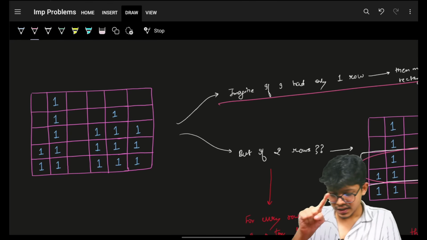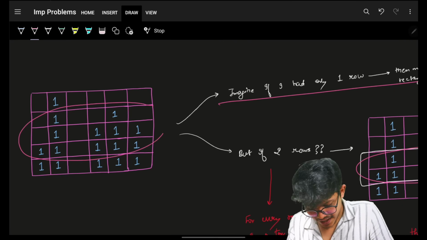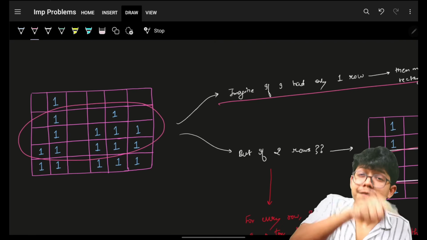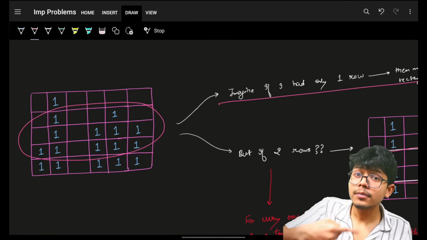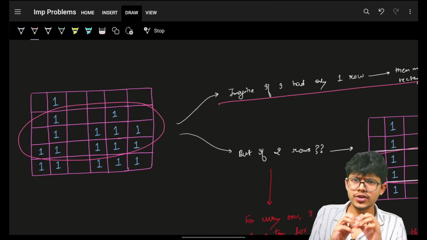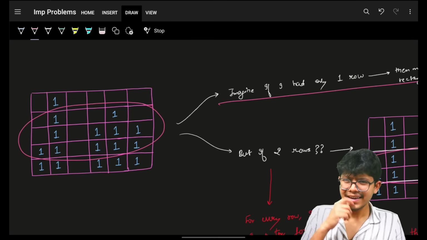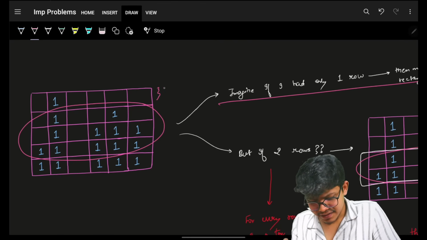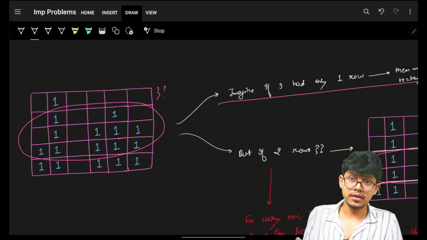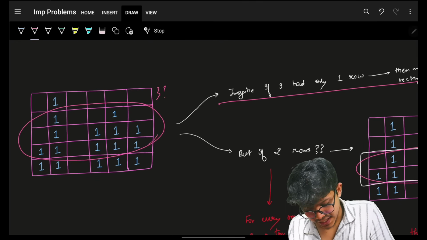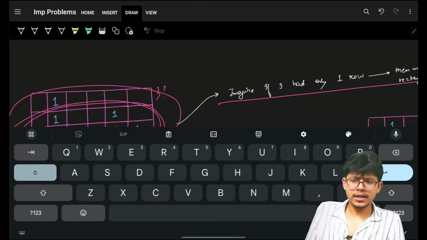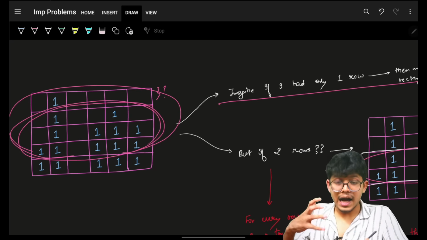I'll say, no. If you take this as a specific portion, what you are finding is the maximum area of rectangle in this histogram. If I ask you, why did you even miss it? You could have taken this also, but because you have to find the maximum, even if I have this or this, it will never matter. The answer will only increase.